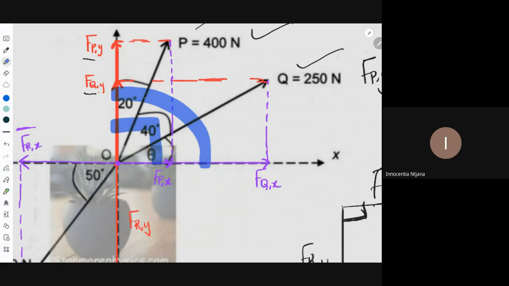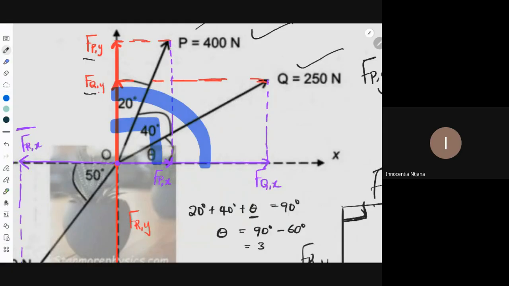So it means if we say 20 plus 40 plus theta, we should get 90 degrees. Since we want theta, theta is equal to 90, and then we transpose everything to that side, minus 60.